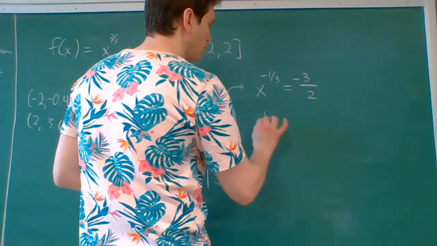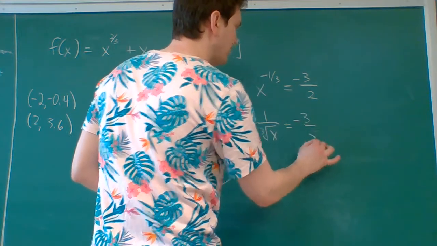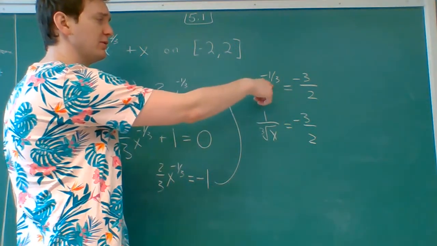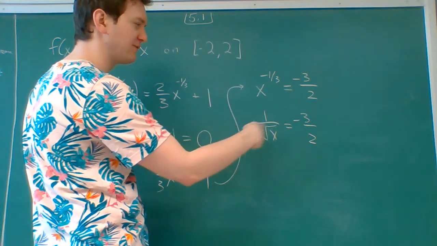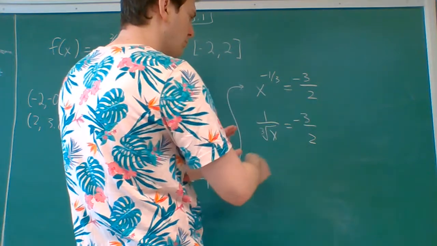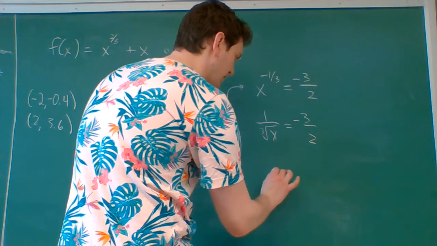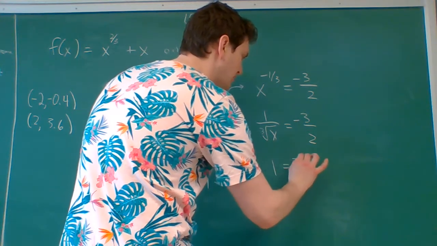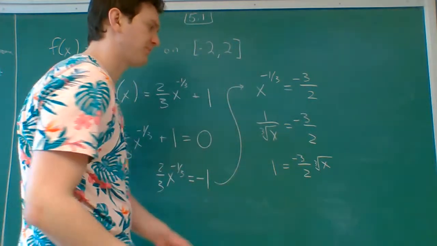This is the same as 1 over cube root of x equals negative 3/2, because x to the negative 1/3 is the same as 1 over cube root of x. I'm trying to solve for x here. So how about I multiply by cube root of x on both sides, so that I'll have 1 equal to negative 3/2 times the cube root of x.